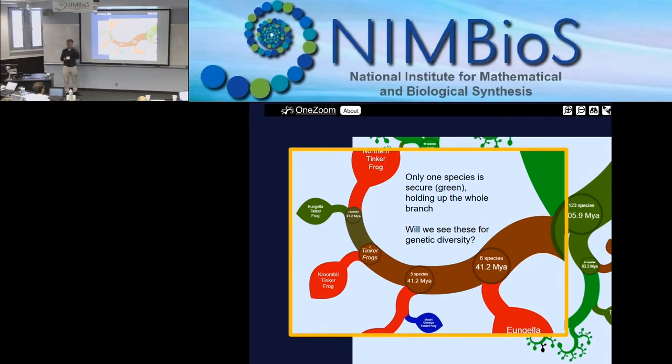The species will be called common, least concern, and it won't get any attention. But these species really need to be appreciated as holding up a branch when all the sister taxa around them are going extinct. Again, is that relevant to genetic diversity? Possibly it's a useful way to think about genetic diversity as well.